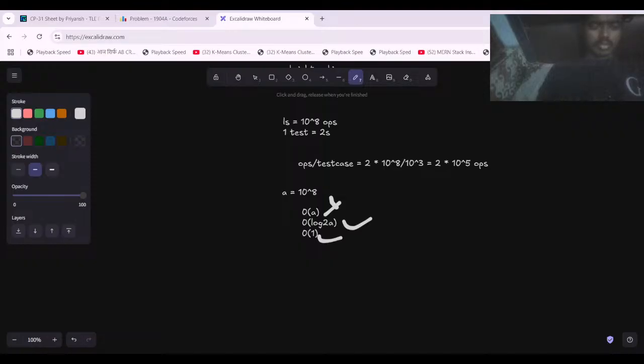So I'm able to calculate the answer, or I start changing my perspectives, and this is helpful when we discuss our expected time complexity.